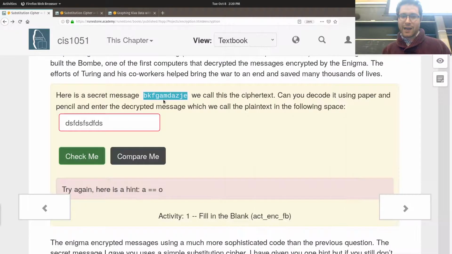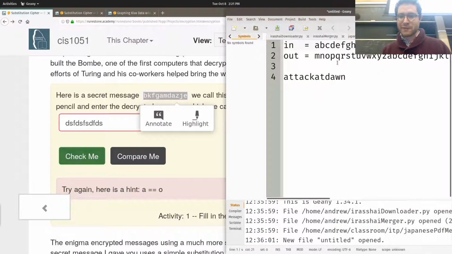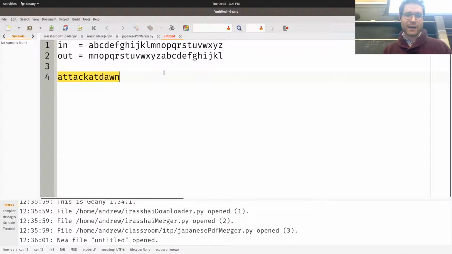So let's go ahead and assume this is right and decrypt it by hand for right now. B is P, and we're working from out to in. K is Y. F is T. G, where's G?